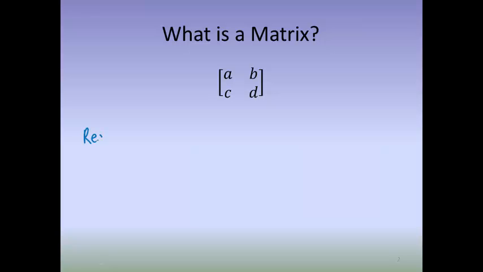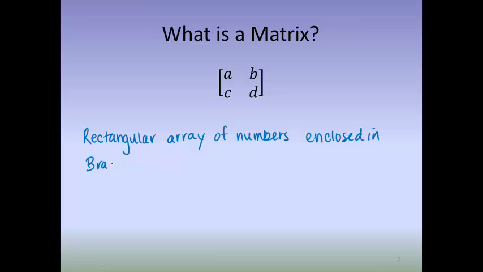It is a rectangular array of numbers enclosed in brackets, and we use these square brackets for this. And each number in the matrix is called an element.